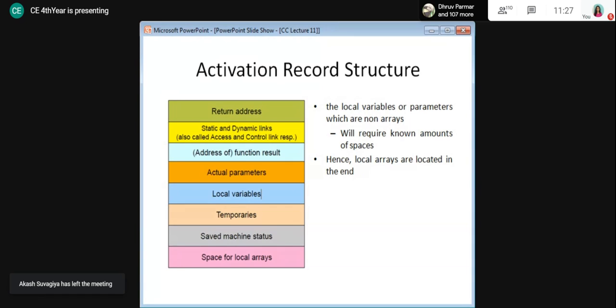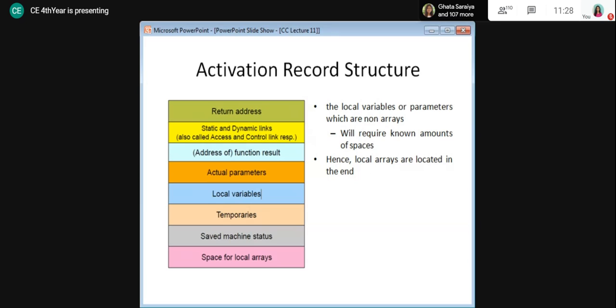The amount of space needed will always be fixed for a particular language. So we know this amount of space, and accordingly we allocate the area in the local variables area. Then local arrays we put at the end, which you can see in the activation record structure, so that if we want to expand them, it is convenient.